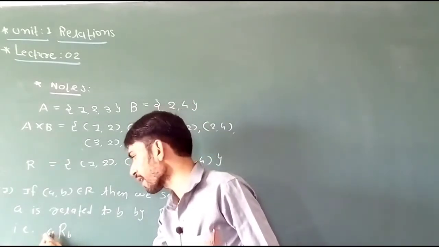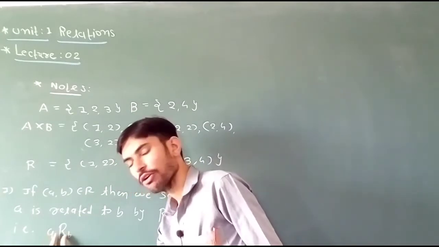What is the meaning of a related to b? It means that the pair (a,b) belongs to our relation.